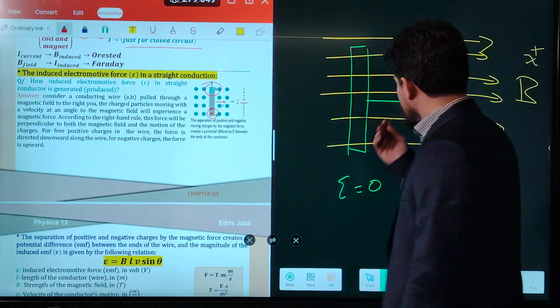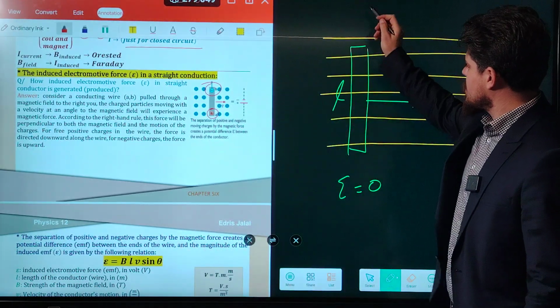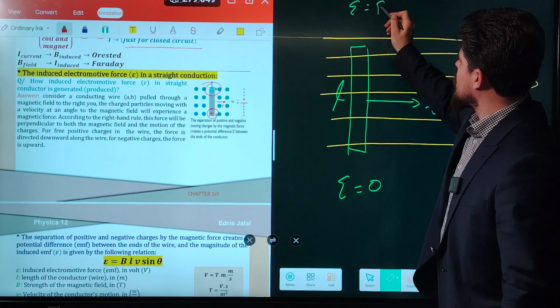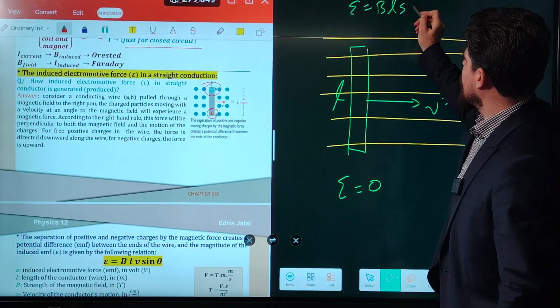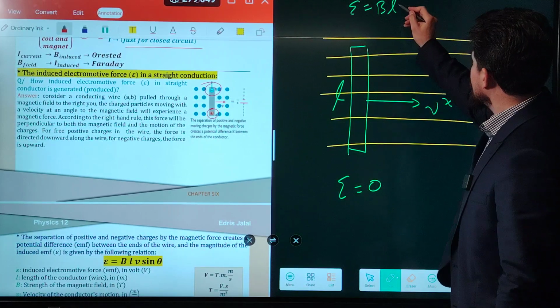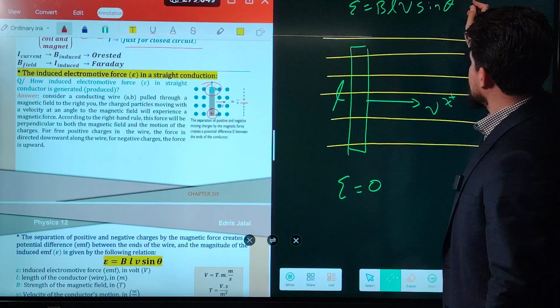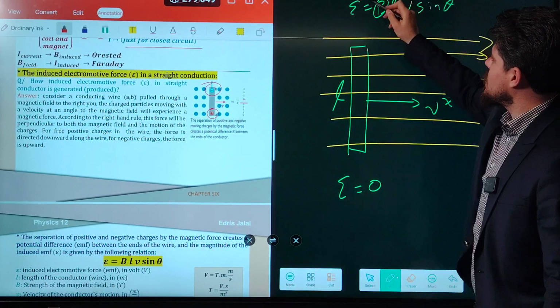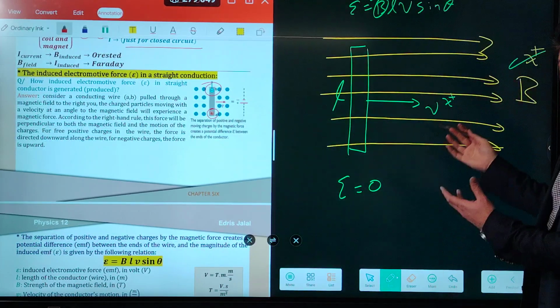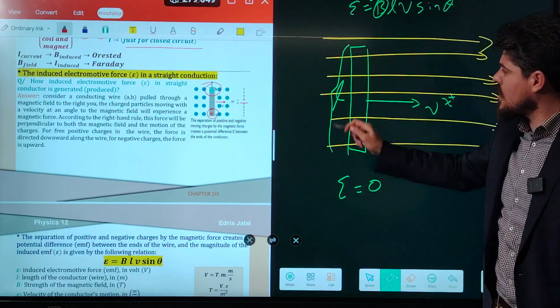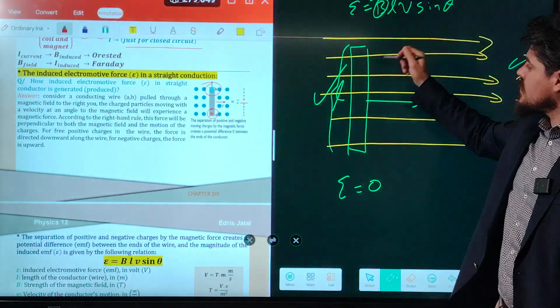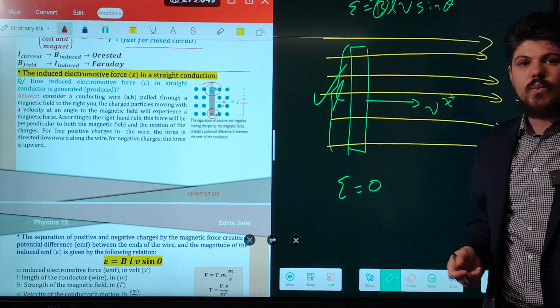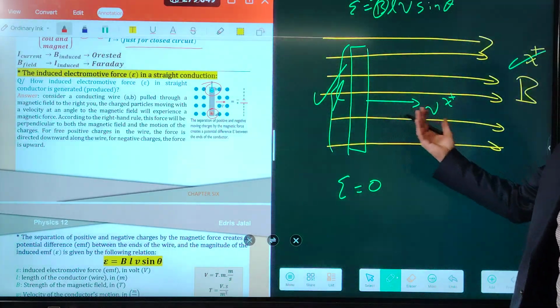Why? Do we have length of wire? Yes, of course. EMF is equal to B, L, V, sine theta. Guys, look. Do we have a magnetic field? Yes. Do we have the length of the conductor? Yes. Do we have the velocity, the speed of the conductor? Do we have movement of the conductor?